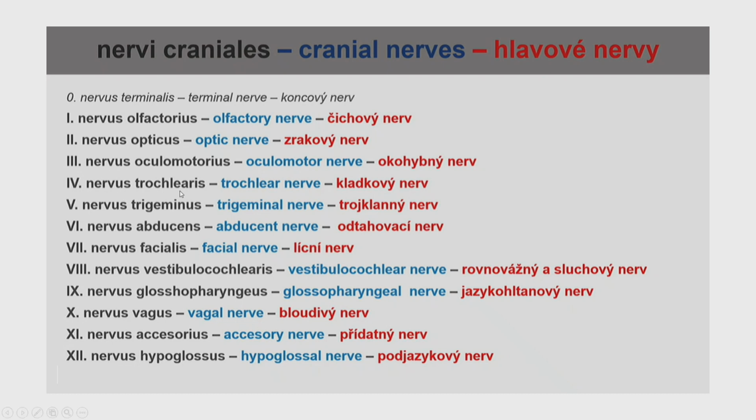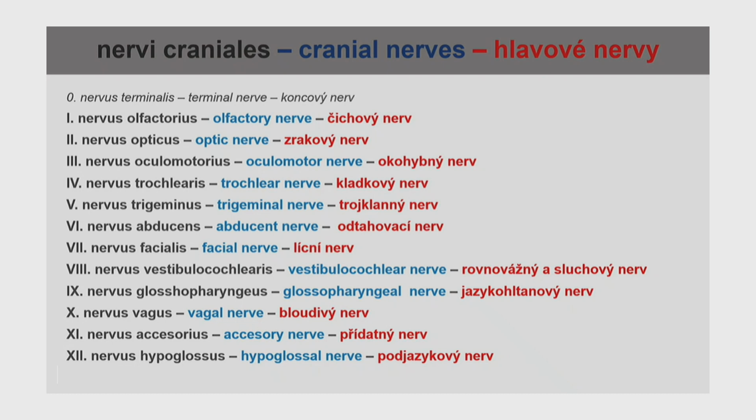Then the trochlear nerve is a pure motor nerve, responsible for innervation of only one muscle, the superior oblique muscle.